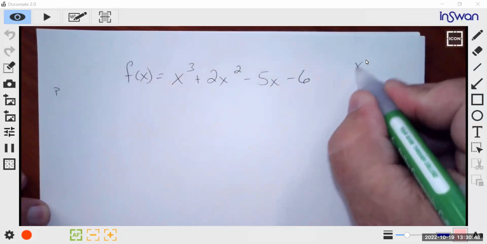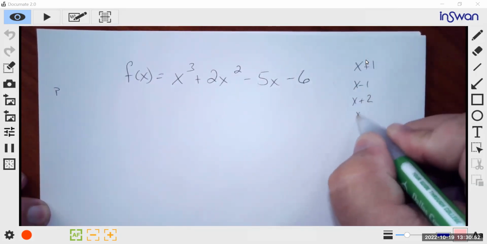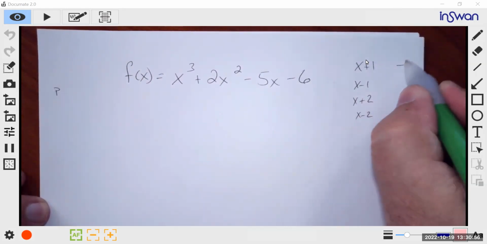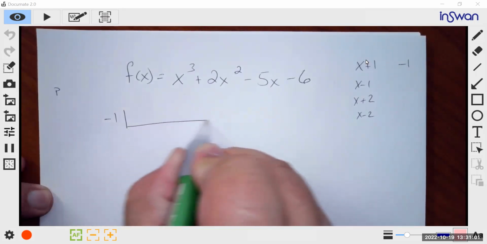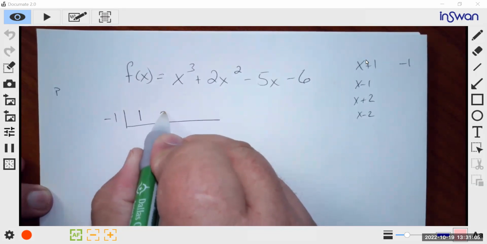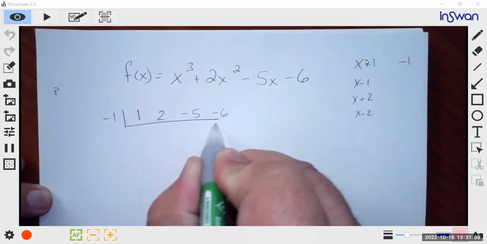Okay, let's start off with x plus 1, x minus 1, x plus 2, x minus 2, and so on and so forth. So this one would use -1. The coefficients of x cubed, x squared, x, and the constant.